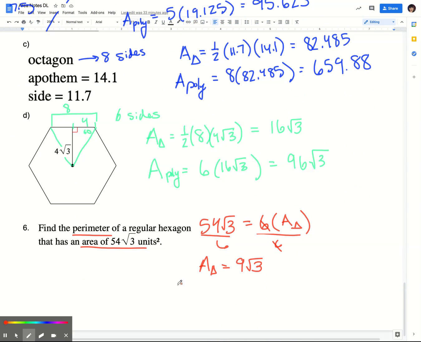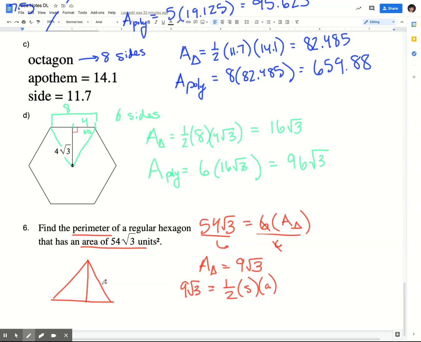So what I have here is 9 root 3 equals 1/2 of my side length, which I don't know, times my apothem, which I also don't really know, which is partially a problem. But I'm going to be able to figure it out using my knowledge of either trig or special right triangles.